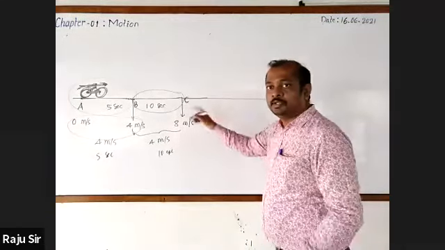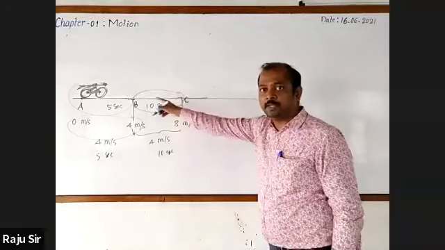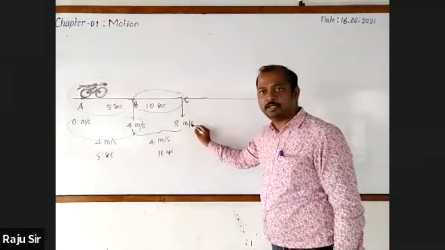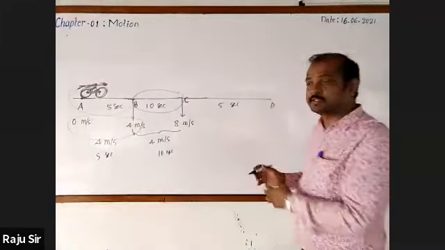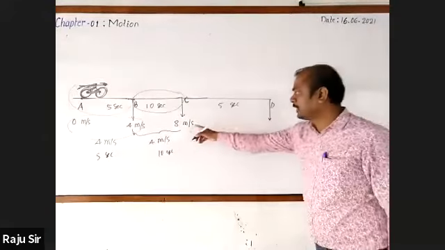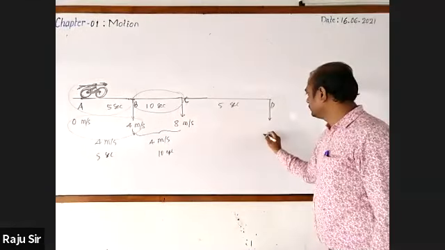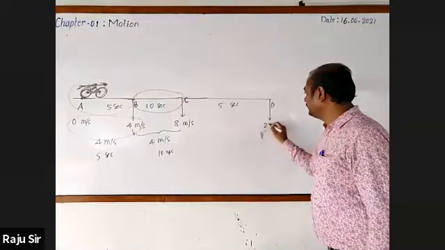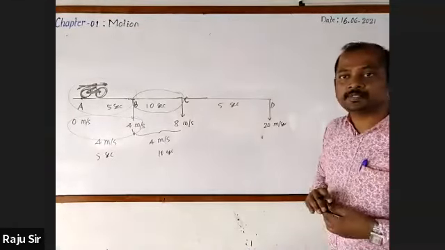Now, in the next situation, the vehicle or the bike is moving with a speed of 8 meter per second. Within the next 5 seconds, it changes its velocity from 8 meter per second to 20 meter per second.